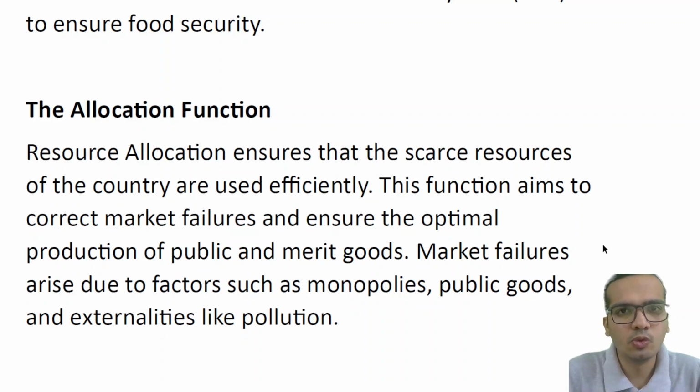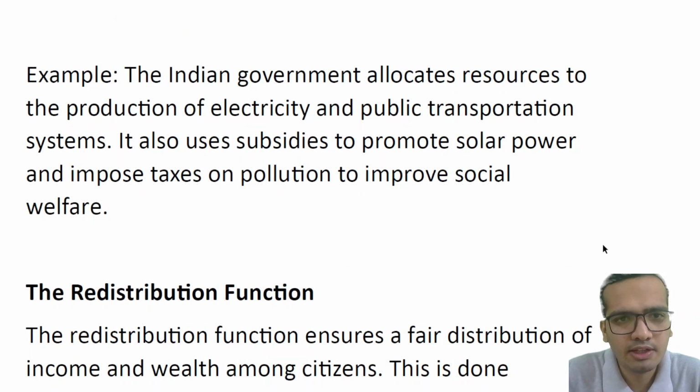This function aims to correct market failures and ensure the optimal production of public and merit goods. Market failures arise due to factors such as monopoly, public goods, and externalities like pollution. Here is an example. The Indian government allocates resources to the production of electricity and public transport systems. It also uses subsidies to promote solar power and imposes taxes on pollution to improve social welfare.